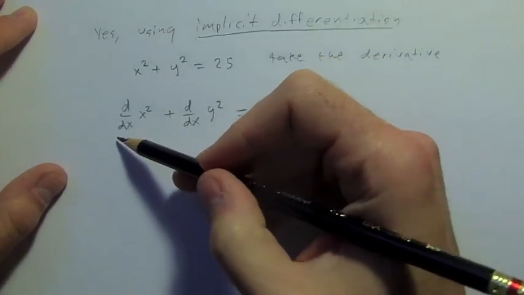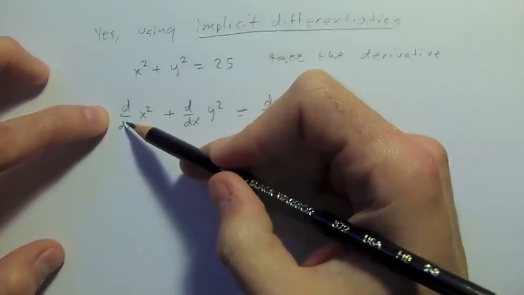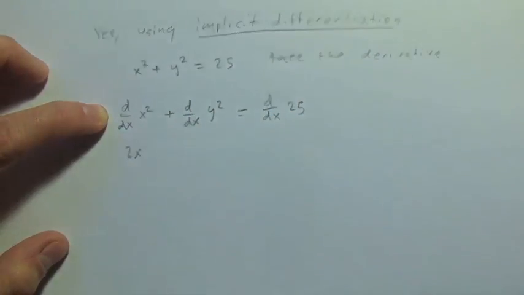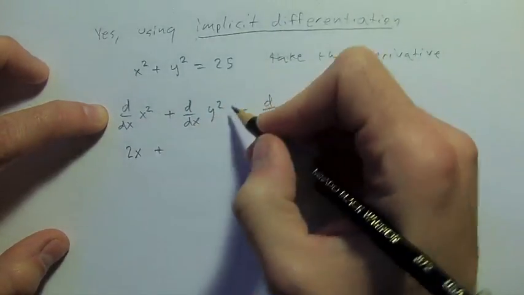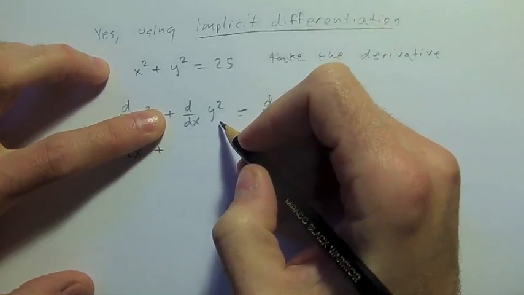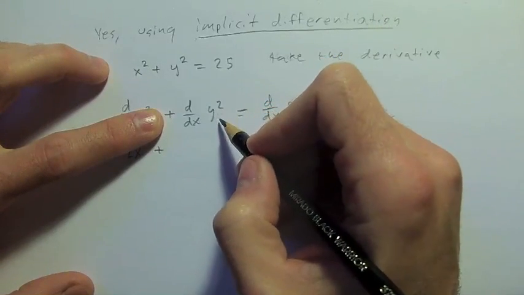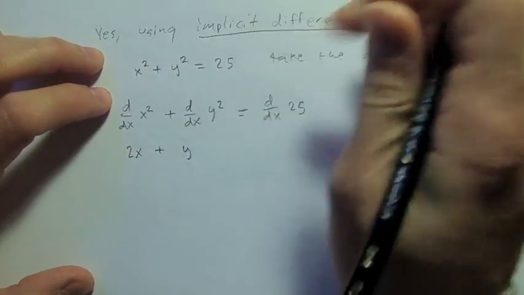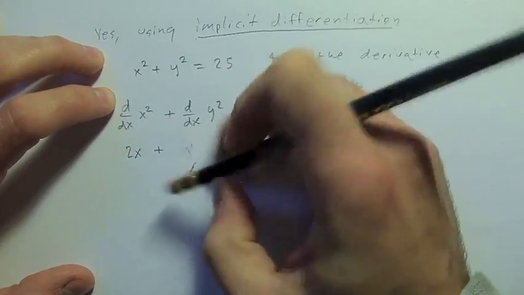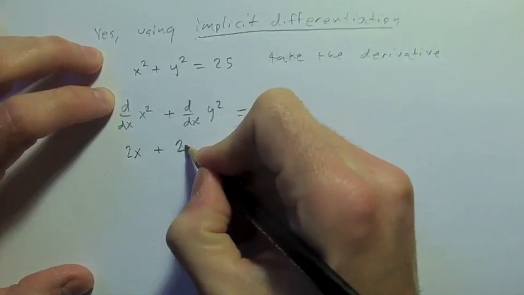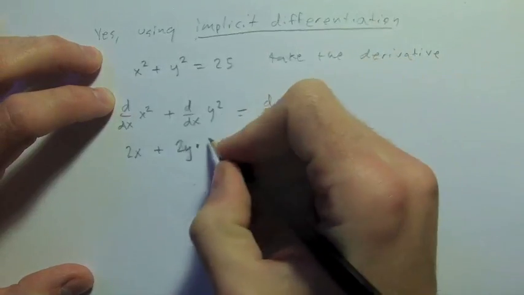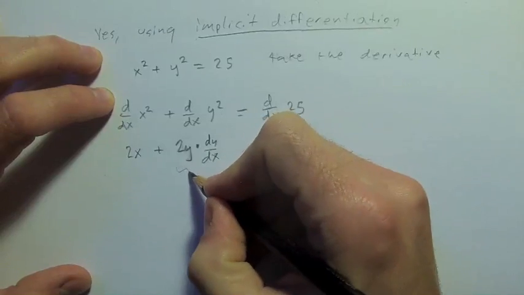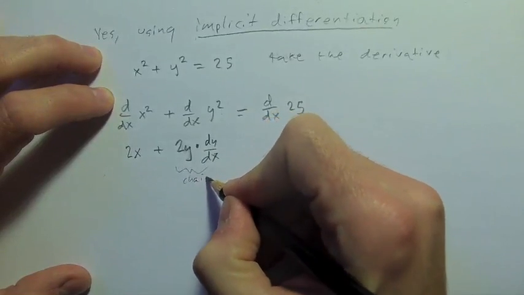Okay, so we know the derivative with respect to x of x squared is simply 2x. The derivative of y squared with respect to x, well, remember, using the chain rule, this is going to be 2y, right, times dy dx. So this is using the chain rule.